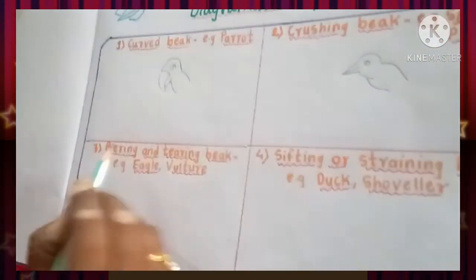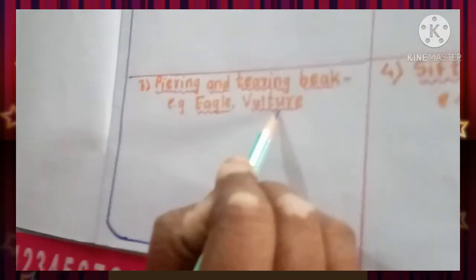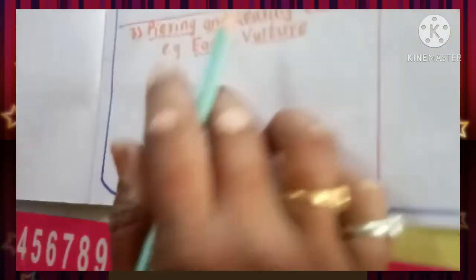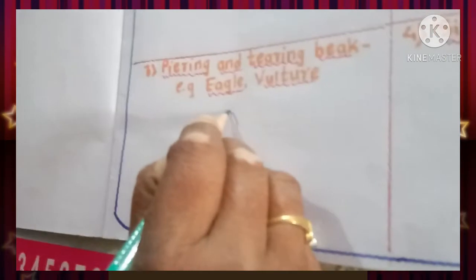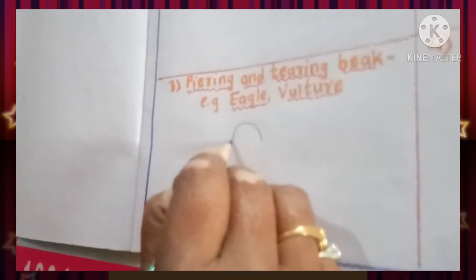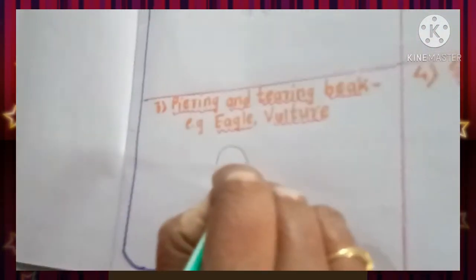Now the third one is the piercing and tearing beak. Which bird has a piercing and tearing beak? Eagle and vulture. What is the use of the piercing and tearing beak? First I draw, children. See how to draw. I will draw the eagle here. The piercing beak is hook shaped.